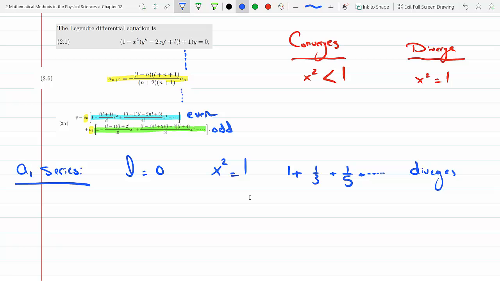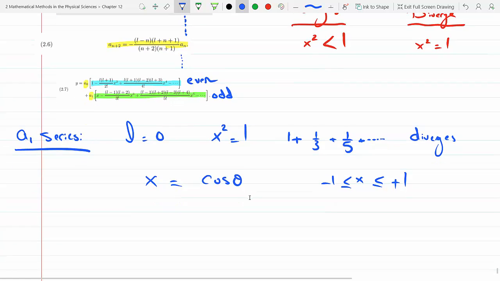Okay, now why is that important? That's important because in many applications we will take x to equal cosine theta, and we know that this is going to be between -1 and 1 because cosine theta is in between -1 and 1.